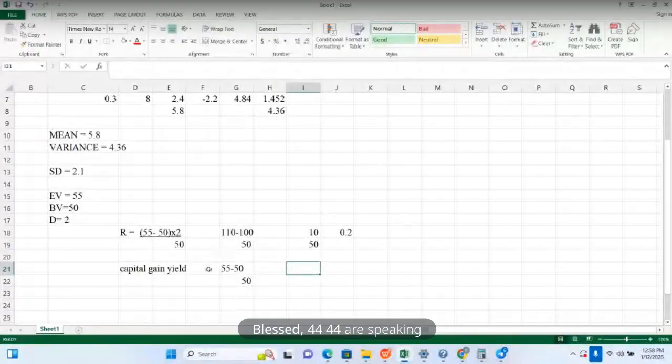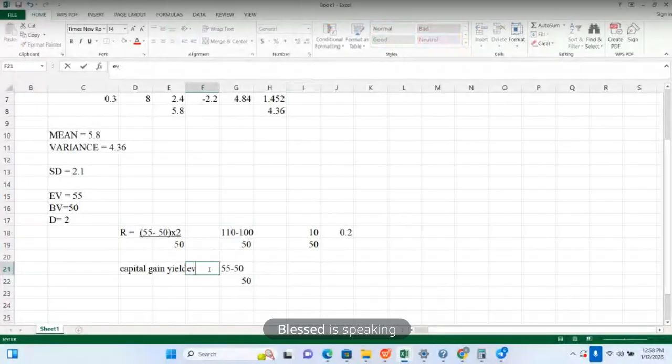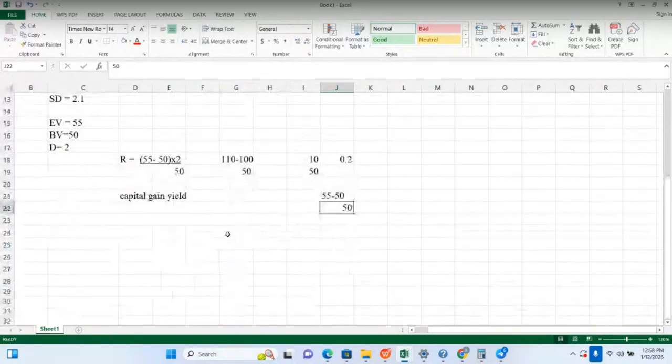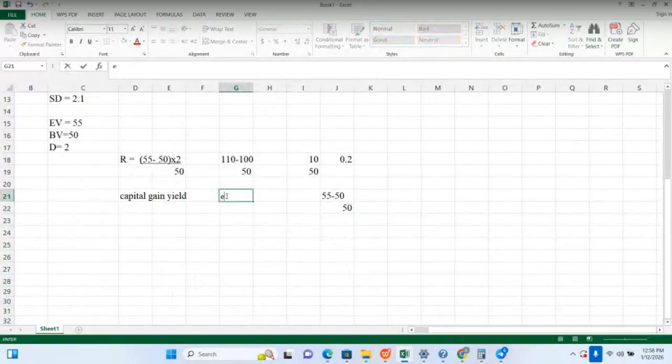So capital gain yield is supposed to be EV minus BV all over BV.